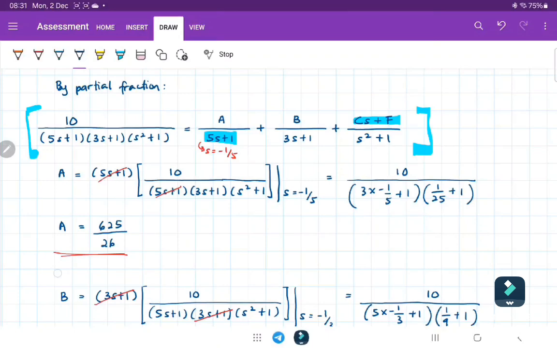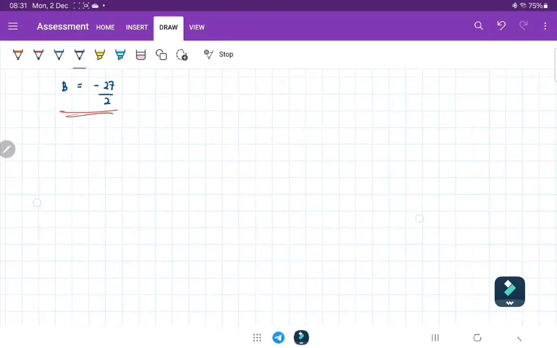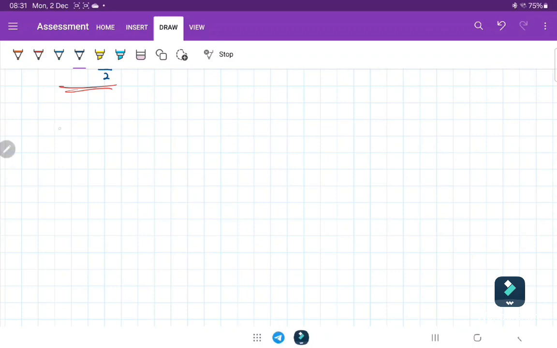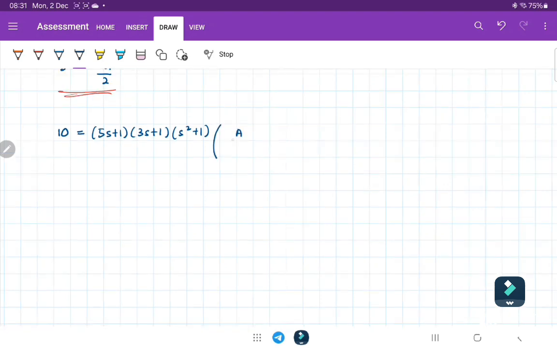Basically, when I cross multiply that, I would get 10 equals 5s plus 1 multiplied with 3s plus 1 multiplied with s squared plus 1, all the denominators, and then it will multiply with A over 5s plus 1 plus B over 3s plus 1 plus Cs plus F over s squared plus 1.